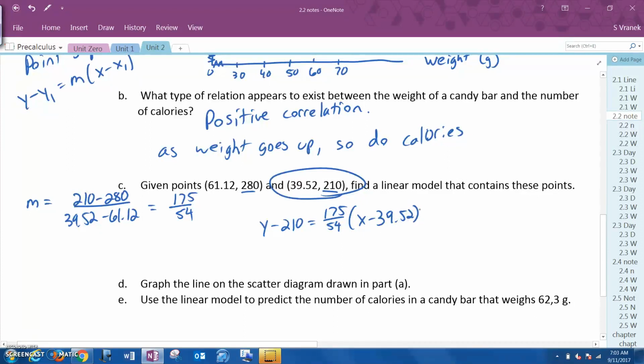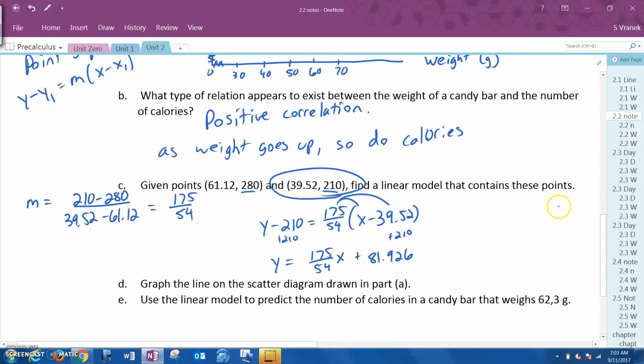All right, and then what we want to do is solve for y. When you solve for y, you distribute this, and then also add 210 to whatever number you get after you distribute. And when you do that, you get 175 over 54 times x plus 81.926.